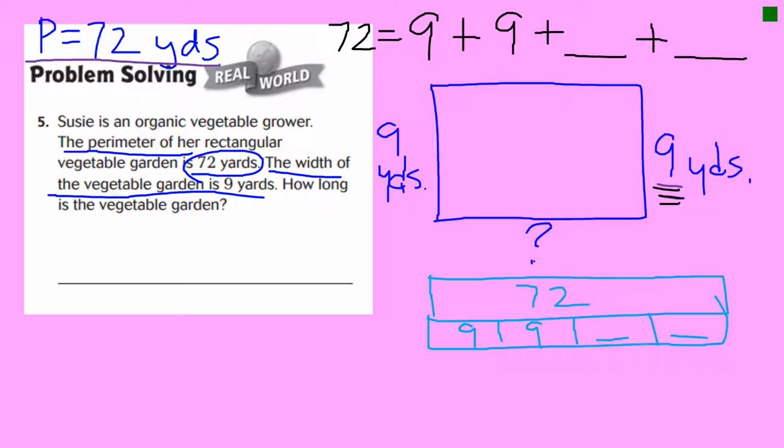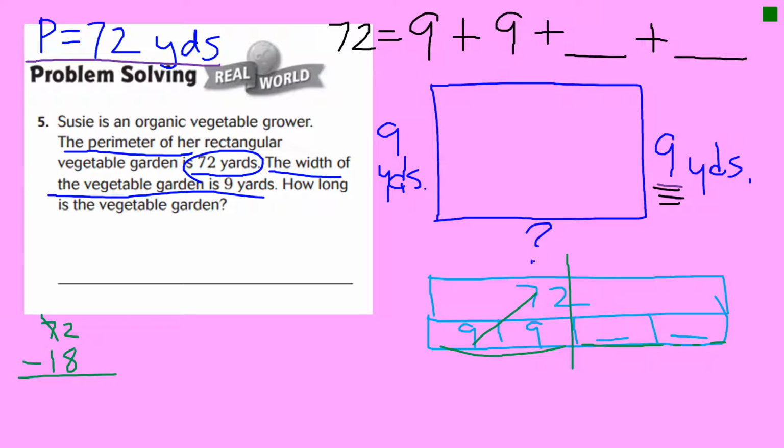So guys, if we take the 2 9s that we already know away from that total 72, we'll see what we have left over here to deal with. Okay, so right here I'm going to do 72 minus, what's 9 plus 9? 18. Because those are the two sides we already know.